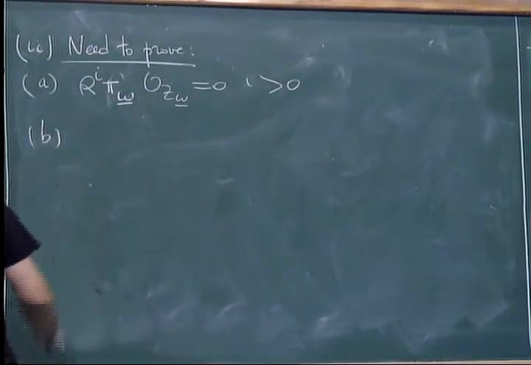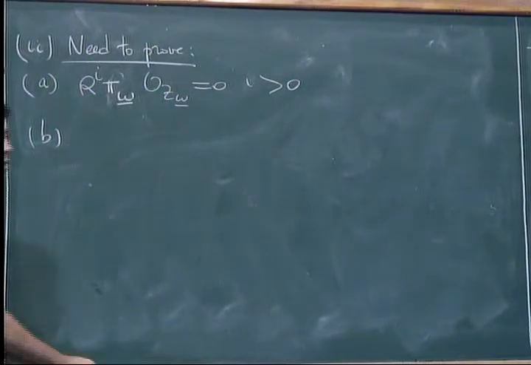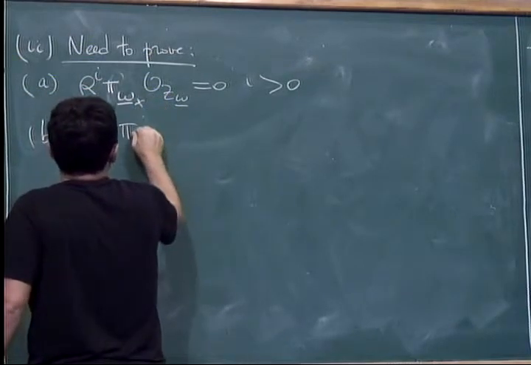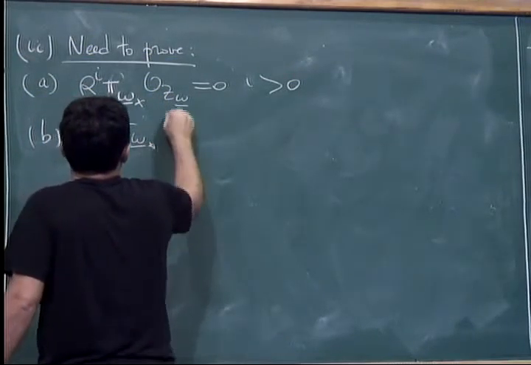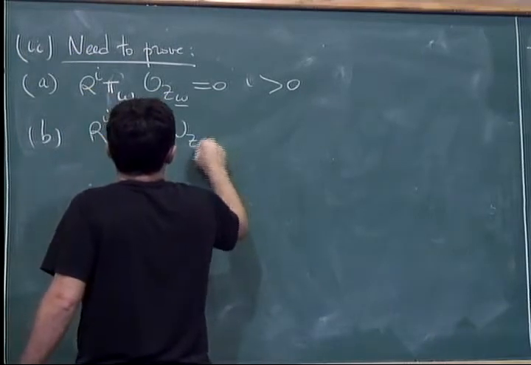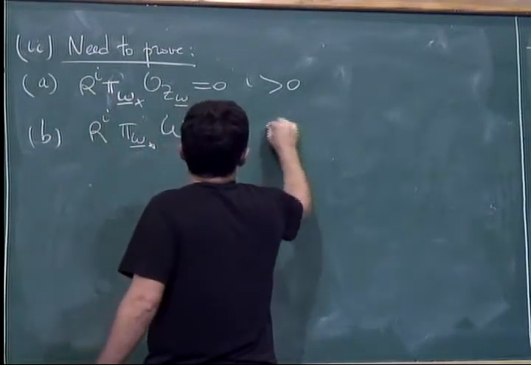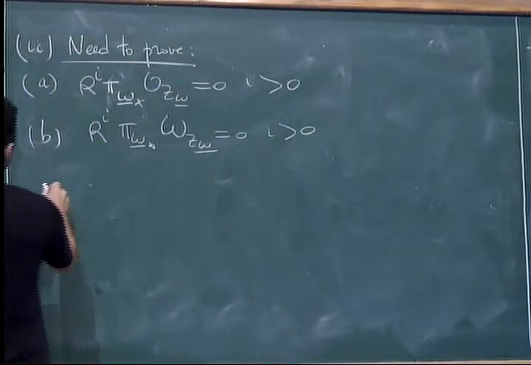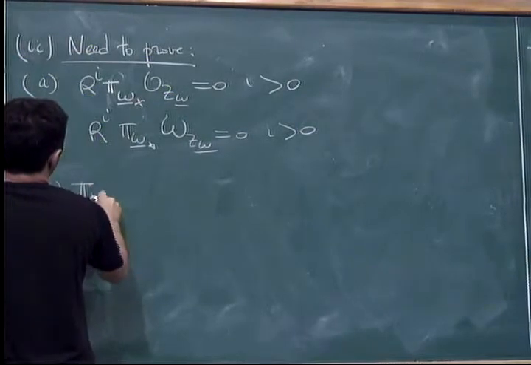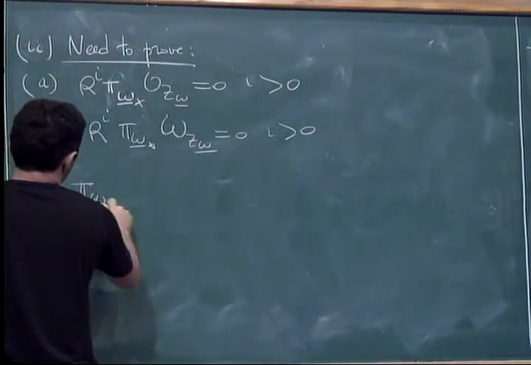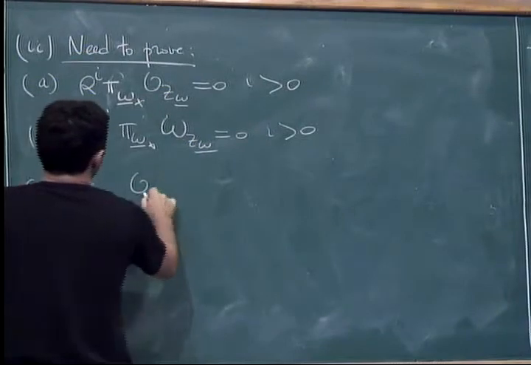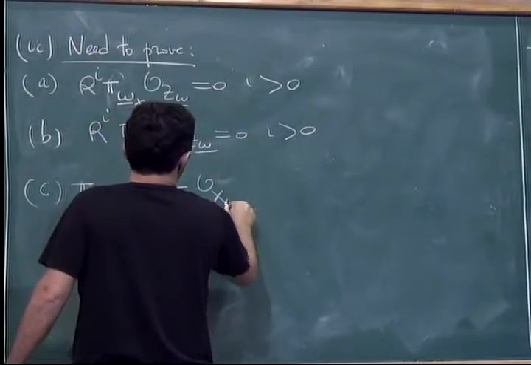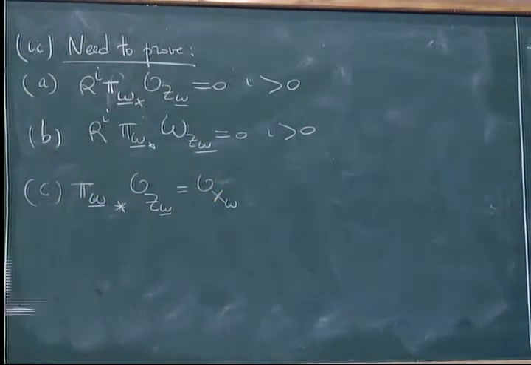Something that is always true in characteristic 0, but not always true in positive characteristic. The same condition, but for the canonical class, this must be 0 for i positive. And finally, we need to prove that the push forward of the structure sheaf is exactly the structure sheaf of X omega.